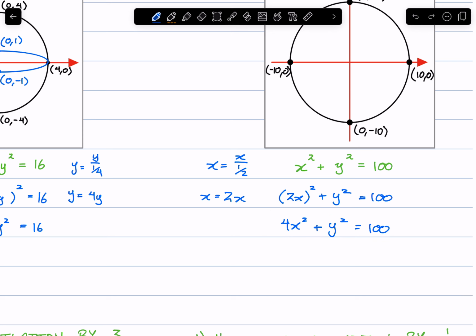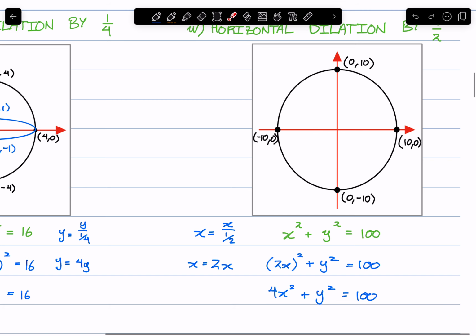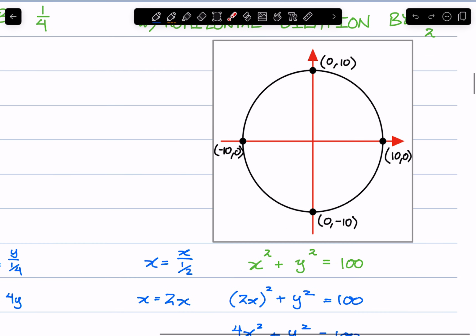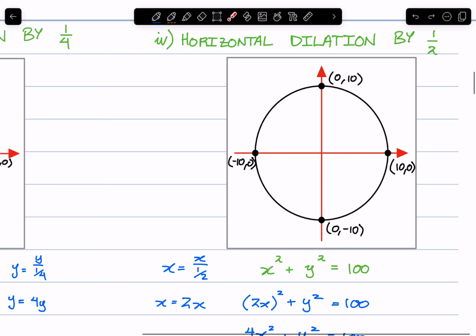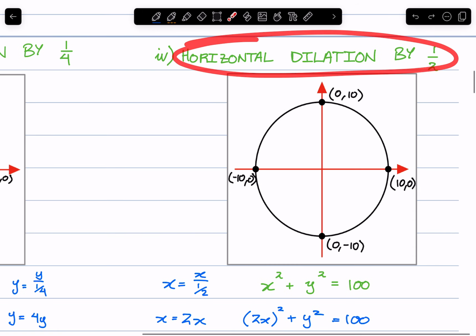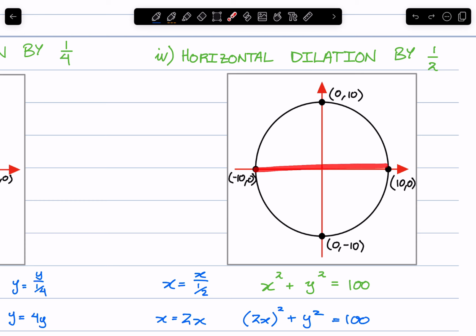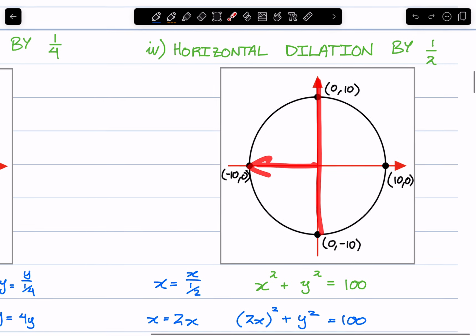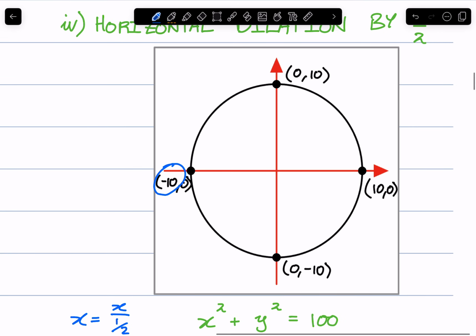Now, once again, because this is an unfamiliar relation or equation, we can instead just look at this graphically. So the horizontal dilation means we're looking at the horizontal distances and halving them as a distance from the y-axis. So this x distance of -10 will be halved to become (-5, 0). And this point here will also be halved, approximately here, to become (5, 0).